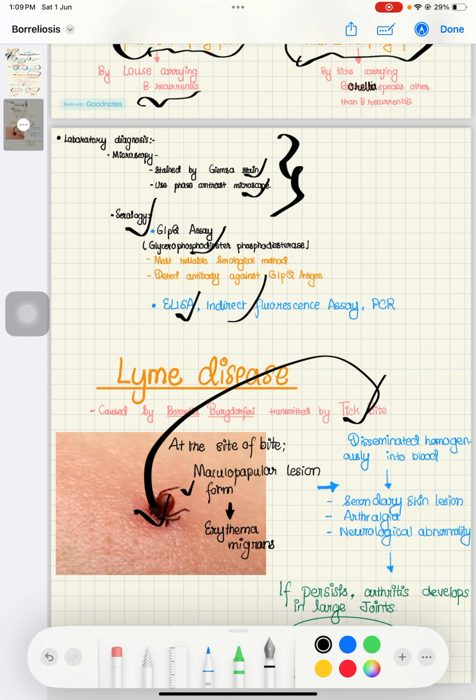When the tick bites, the lesions form, and Borrelia burgdorferi enters the bloodstream. It is hematogenously disseminated and causes secondary skin lesions, arthralgia, and neurological abnormality.